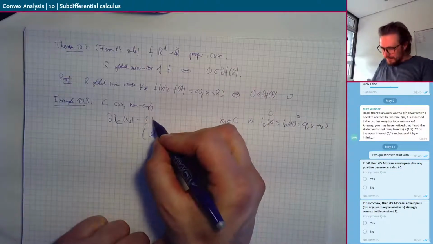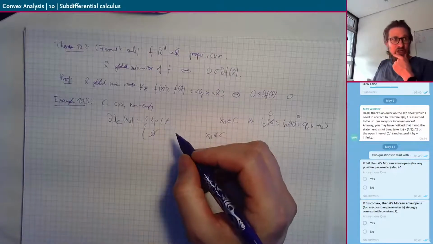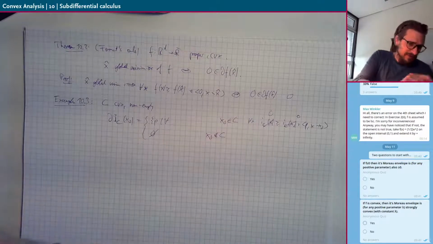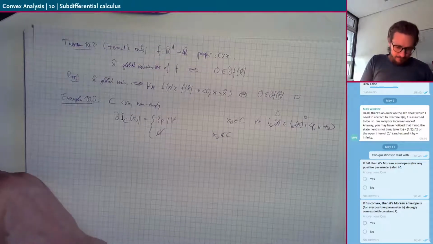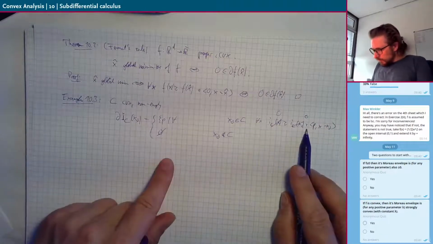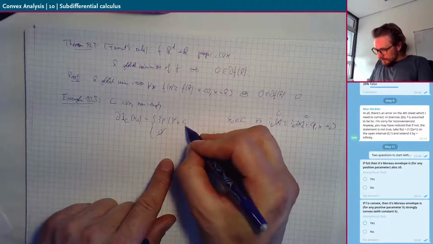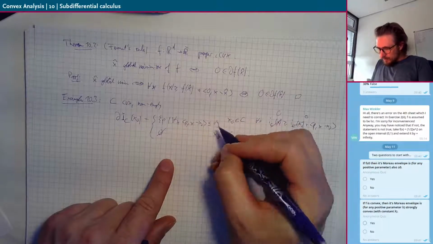This is the set of all p such that for all x, oh, there's also an inequality sign missing. We have that the inner product of p with x minus x0 is non-positive.